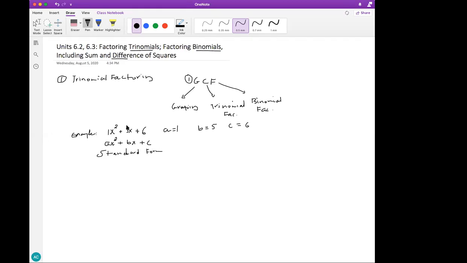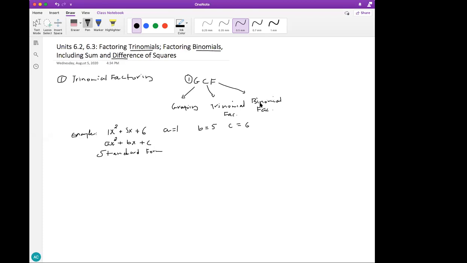And so to factor this, believe it or not, first we're going to look for a GCF even though we don't see one. There is nothing common between these 3. So always look for a GCF first. If that doesn't work, then you try one of these 3. Obviously, we're going to try trinomial factoring because this is a trinomial with 3 terms.